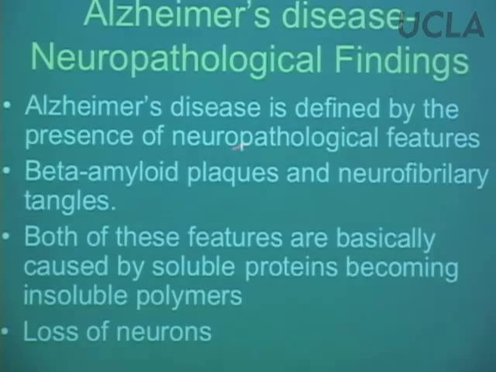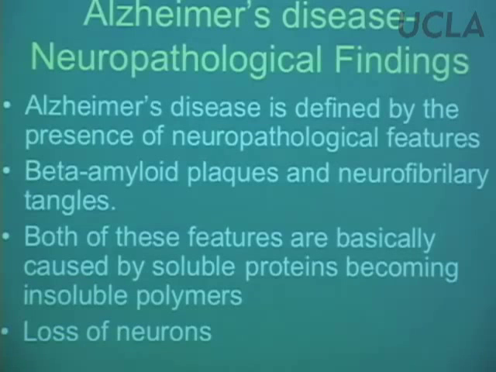So it is defined by the presence of 2 things: beta amyloid plaques and neurofibrillary tangles. Okay, so these things are present in the brains of Alzheimer's disease. That's sort of the defining characteristic. Both of these features are caused by proteins that are normally soluble becoming polymers that are insoluble.